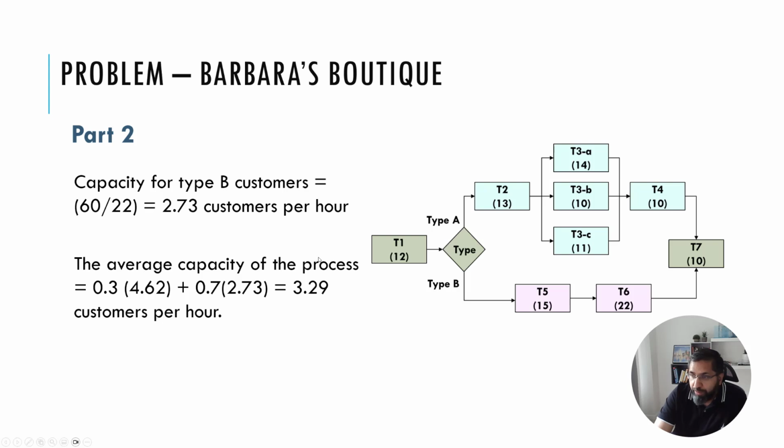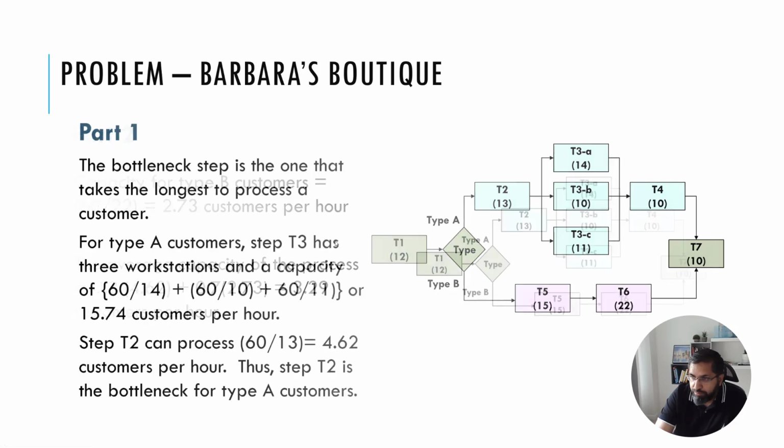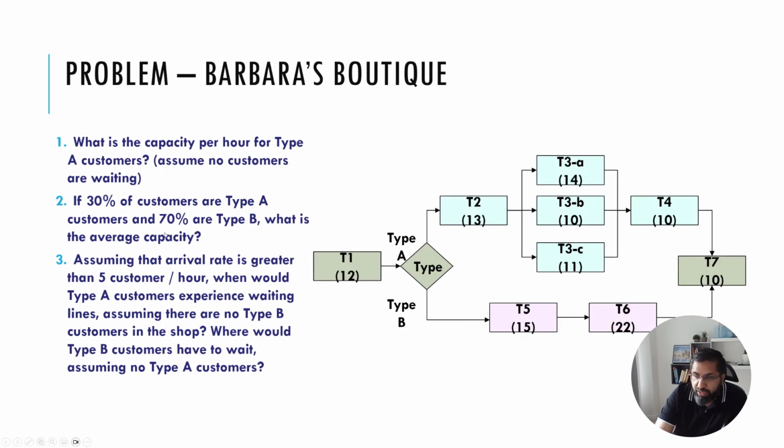Then the average capacity of the process becomes a weighted average. 30% are type A customers, so 0.3 times 4.62, the capacity for type A customers, plus 0.7 times 2.73, the capacity for type B customers. This weighted average gives us 3.29 customers per hour. That's the average capacity of the process, based on a 30-70 split between type A and type B customers.